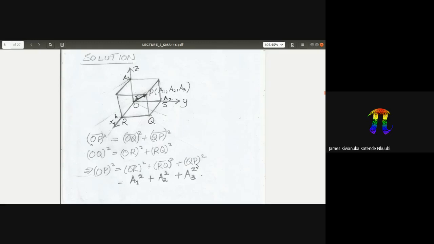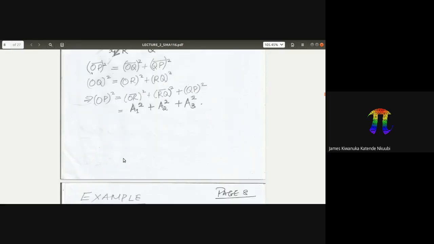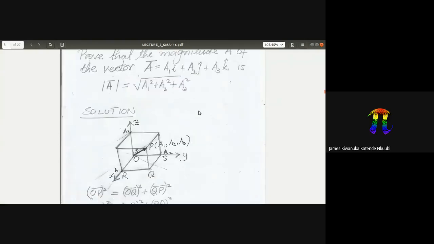So I can replace QP by A3, and I have OP squared will be equal to, so OP is the distance from O to P, and that is the magnitude of my vector A. And OP squared will be A1 squared plus A2 squared plus A3 squared. So if I want to get OP, I just get the square root of this. So that means the magnitude of A, which is now OP, is just the square root of A1 squared plus A2 squared plus A3 squared.